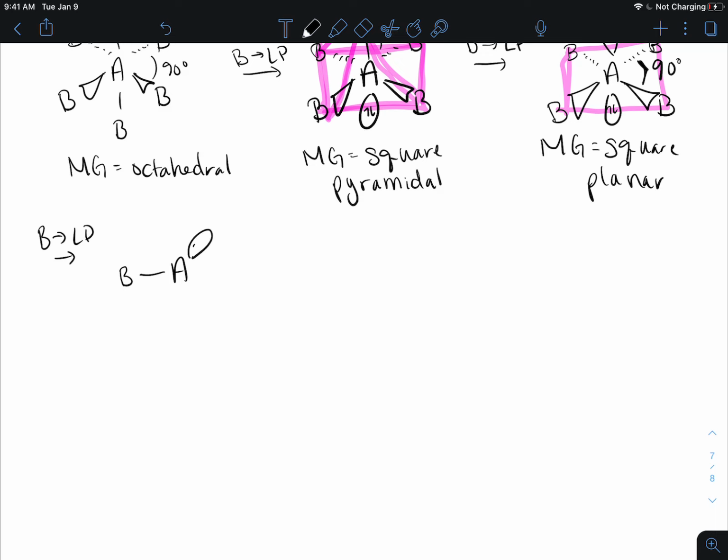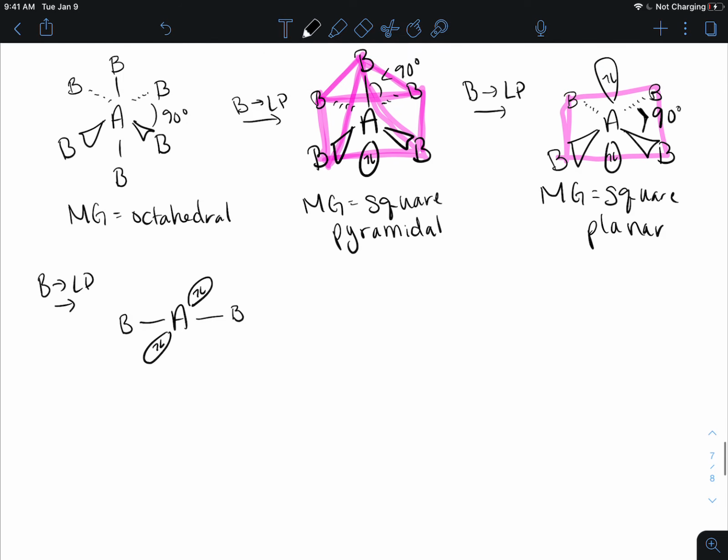So here's those other lone pairs, and then it doesn't really matter where the last one goes. So I'll just put it right there.